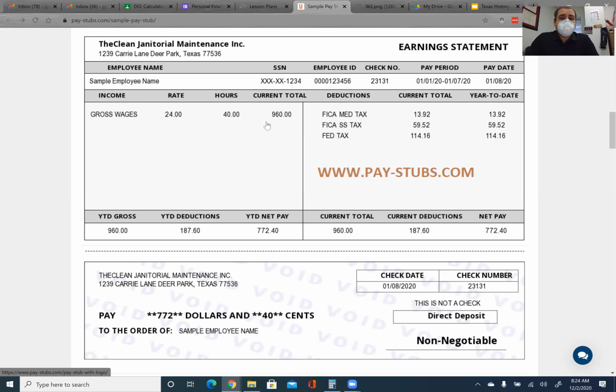Okay. If you come over to this column, the right side, you see deductions. Daniel, how many deductions do you see on the right side of the pay stub? Just how many? 3. The first 2 are FICA.